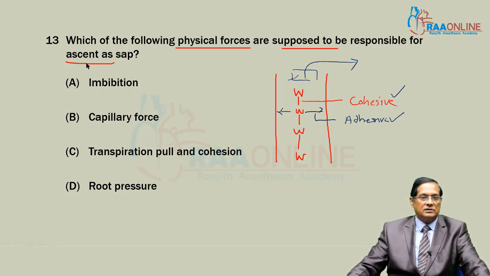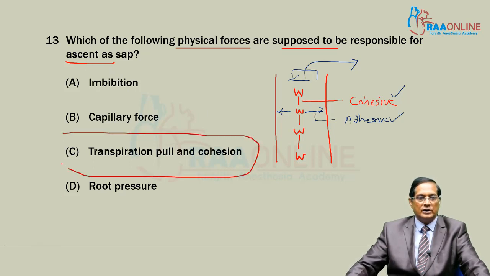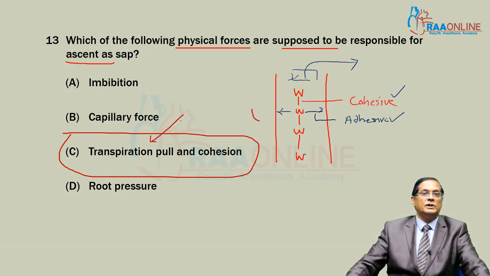So the best theory which describes ascent of sap is transpiration pull and cohesion of water. If the water column is not continuous, then this transpiration pull will be useless. So the main one is cohesion of water, that is, mutual force of attraction of water molecules. That's why the water column continues in the xylem element.